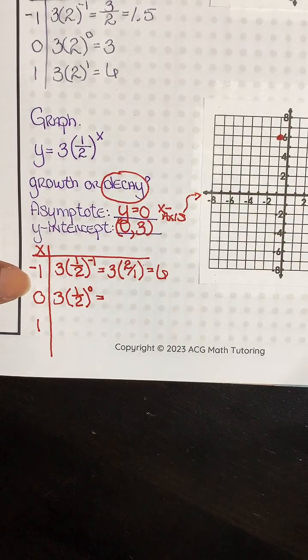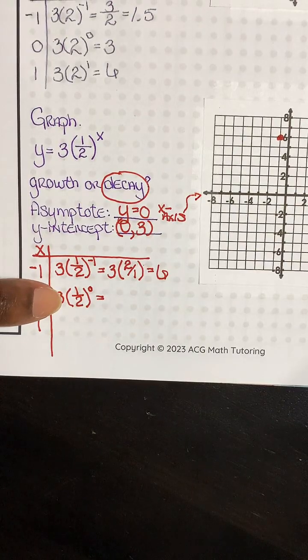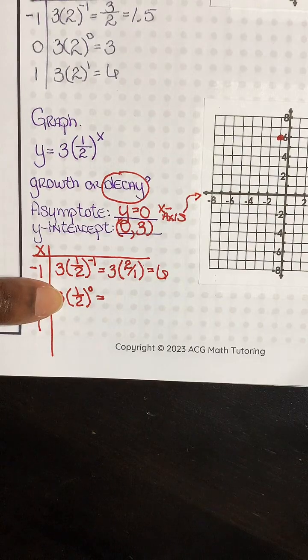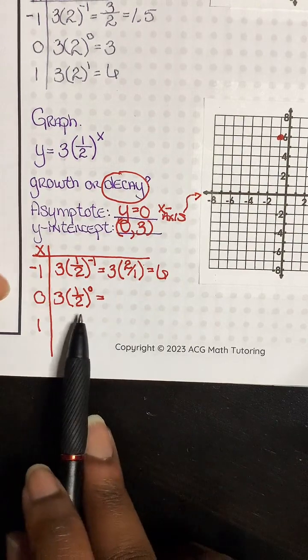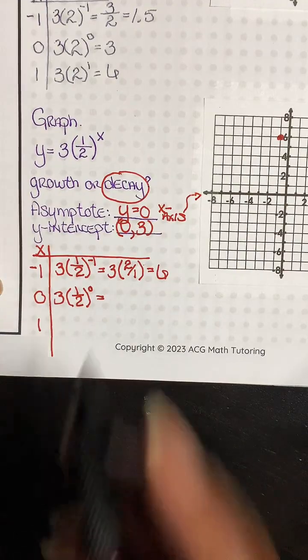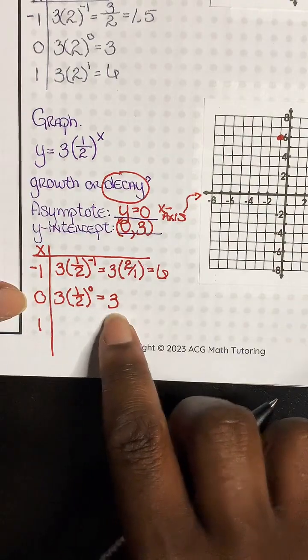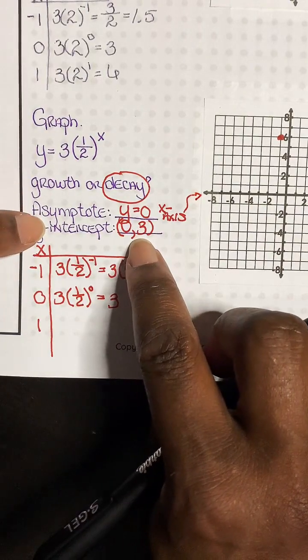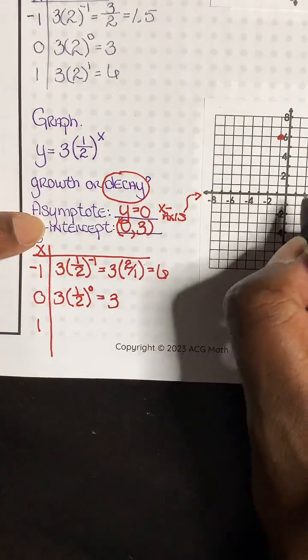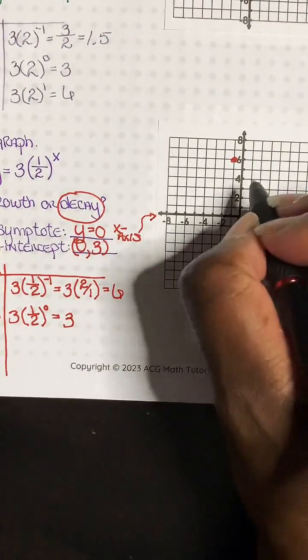Good. So what's going to be raised is going to be 1/2. Anything raised to the 0 power is 1. So that gives us our answer that we had before, 1 times 3, which gives us 3. It's our y-intercept, and we already found that early on. So we have our 0, 3.